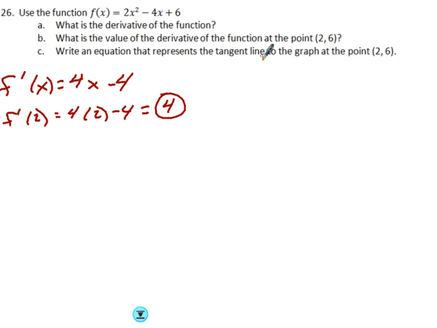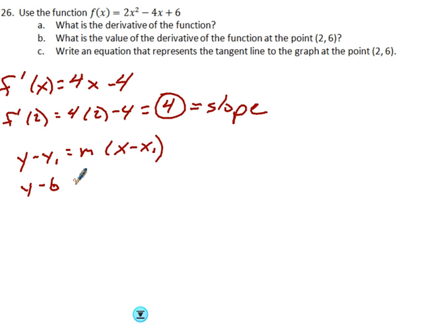And then part C, write an equation that represents the tangent line to the graph at the point 2, 6. Well, if you have 4, which is the derivative, which is actually the slope, and you have a point at 2, 6, you can figure out point slope form: y minus the y coordinate is equal to slope times x minus the x coordinate.